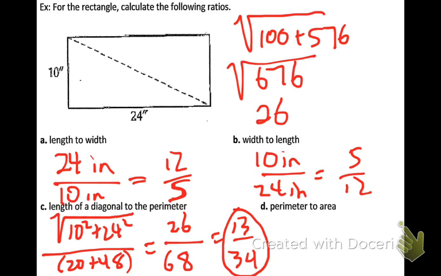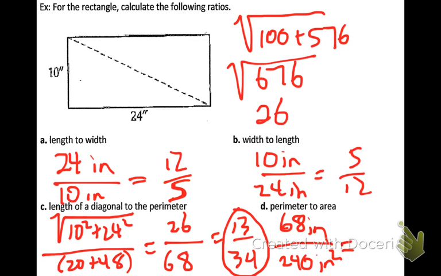All right. Perimeter to area. If we did perimeter to area, we know the perimeter. What was the perimeter? 68. Yeah, the perimeter was 68 inches, so we have 68 inches over the area. What's the area? 240. Yeah, 240 inches squared.